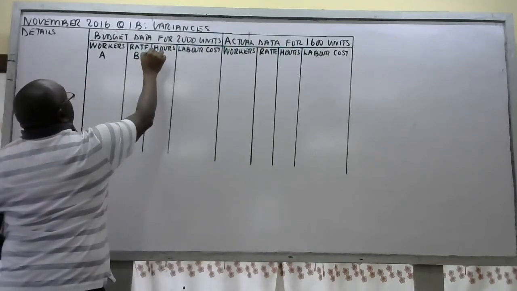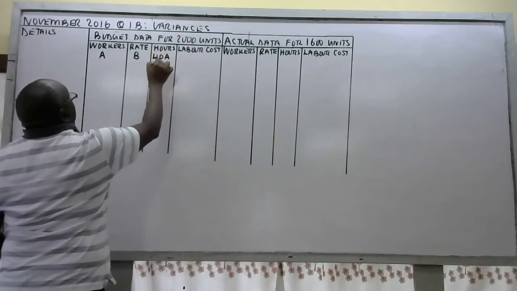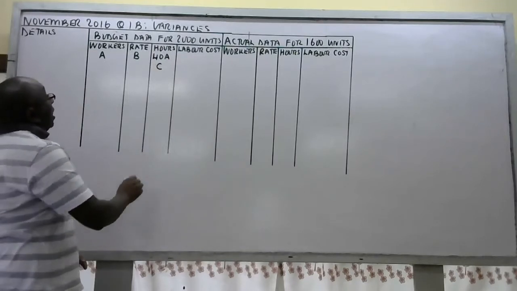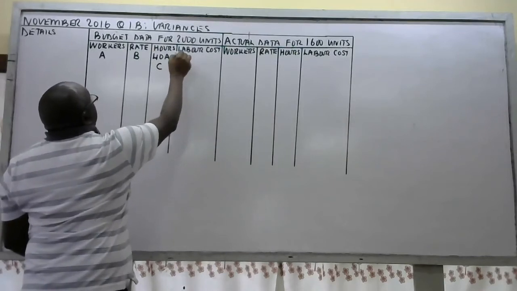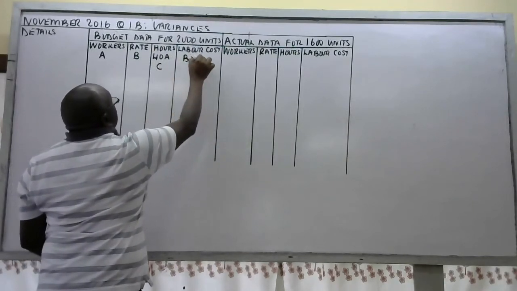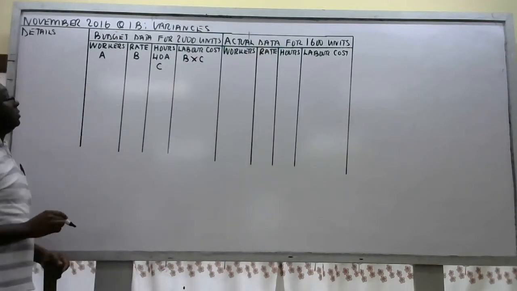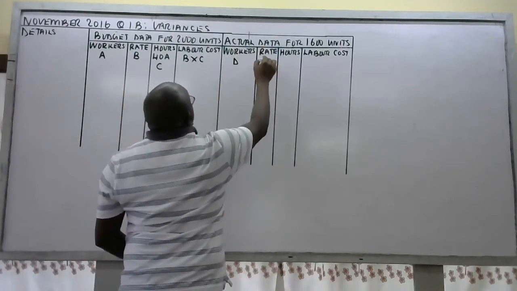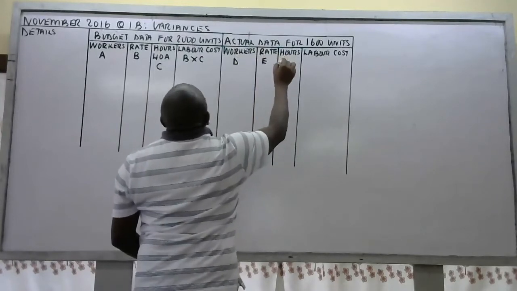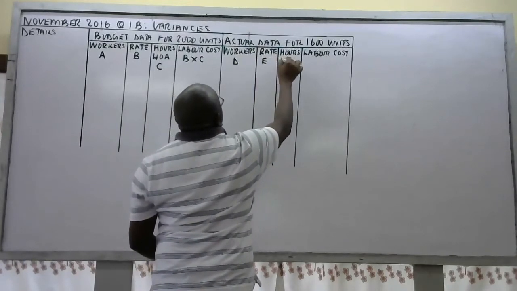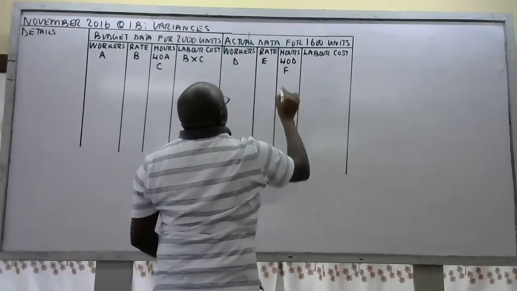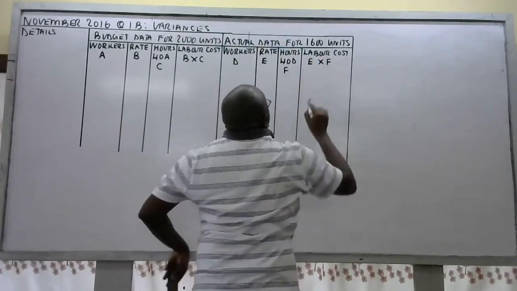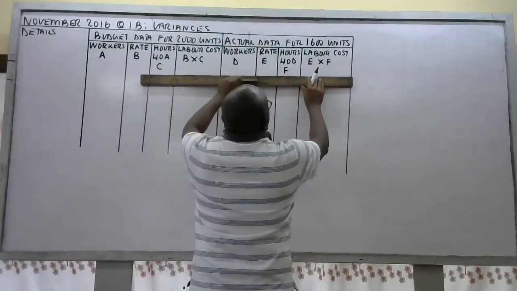So it will be 40A, and we can call it C. So that my labor cost will be B times C. Then this one I can call it D, this one I call it E. Then this one will be 40D, which I call F. So that this will be E times F.